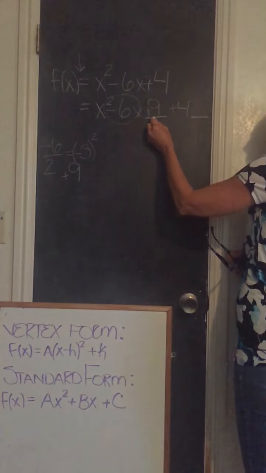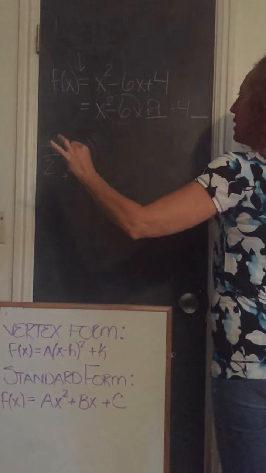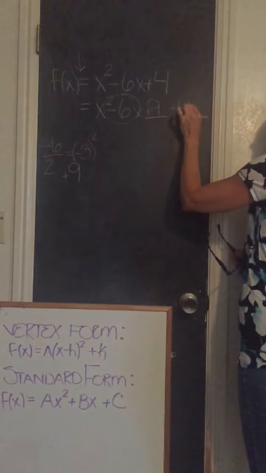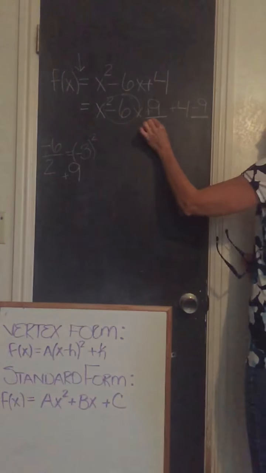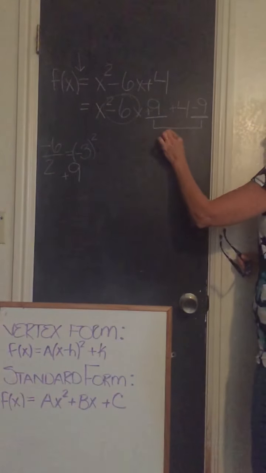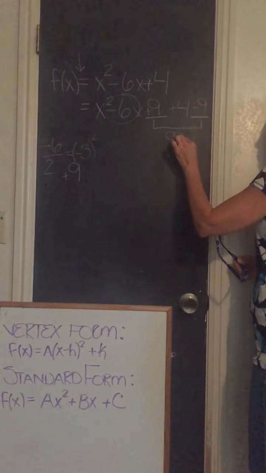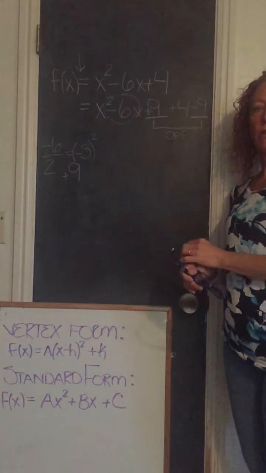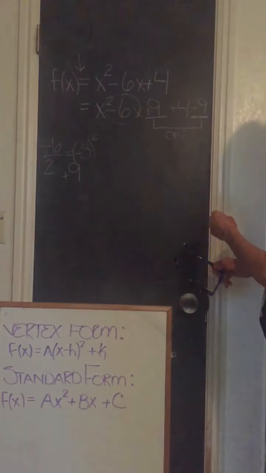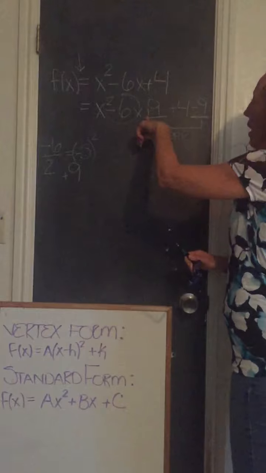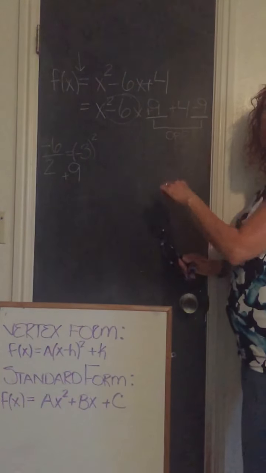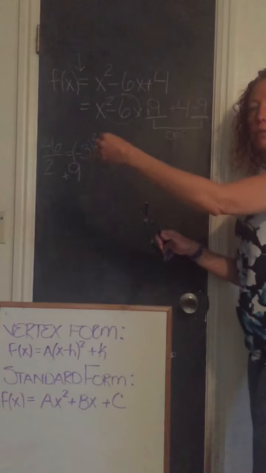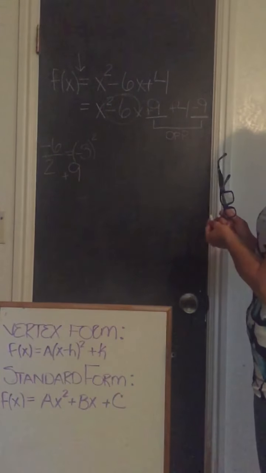If I add 9 right here, in order to keep that scale balanced, I am going to put a -9 right here. These two numbers, 100% of the time, are going to be opposites. So make a note of that. It's not always going to be a positive-negative situation though, so don't memorize that, because then we're jumping ahead to some of the weirder examples.